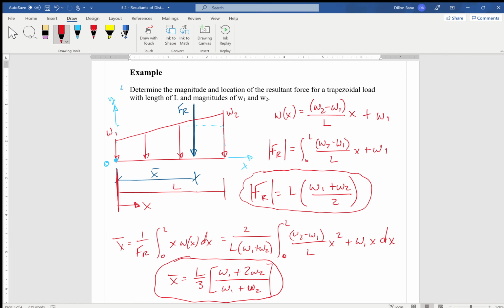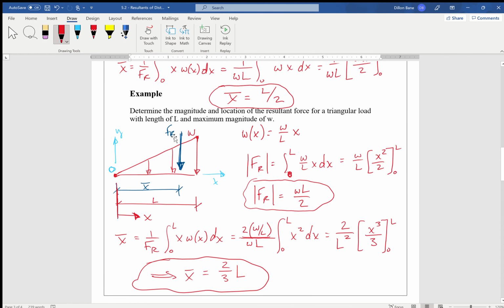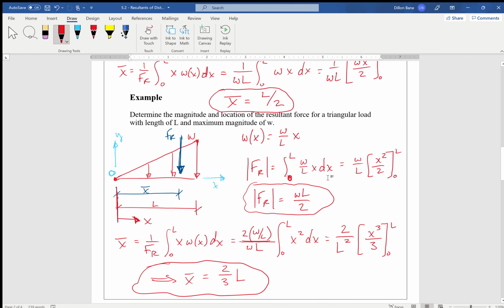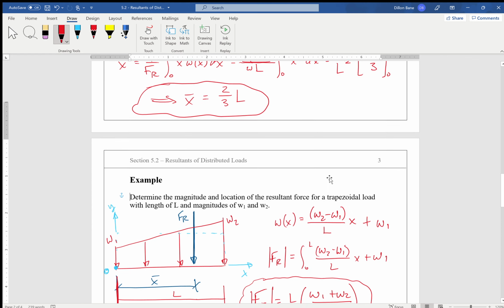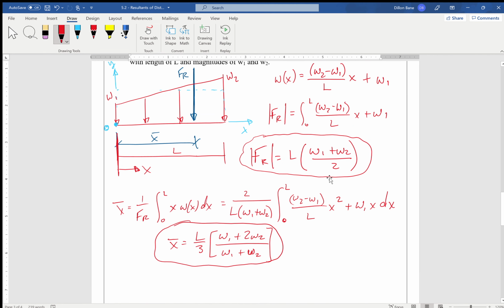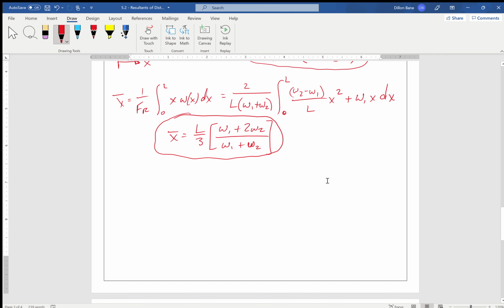A rectangular load with magnitude W1, and then a triangular load that has magnitude of W2 minus W1, and just worked those two together. Since we already know how to work with a rectangular and a triangular load, we could have broken this trapezoid down into a rectangular and a triangular load. So that's what we're going to do right here.